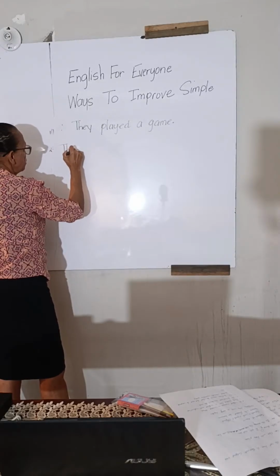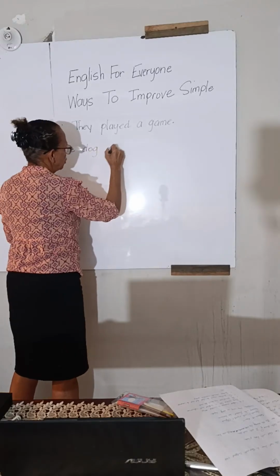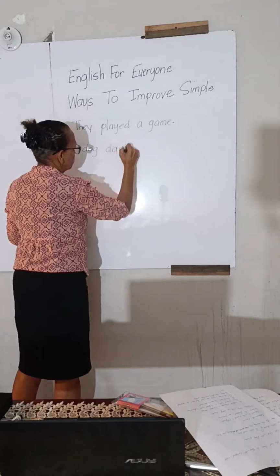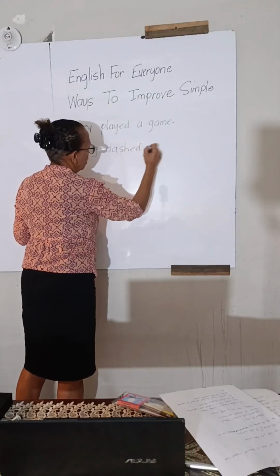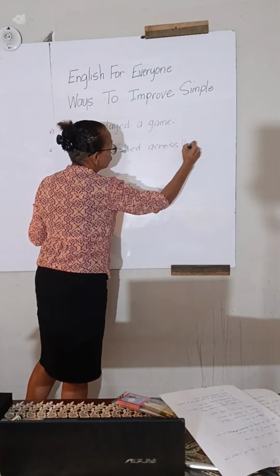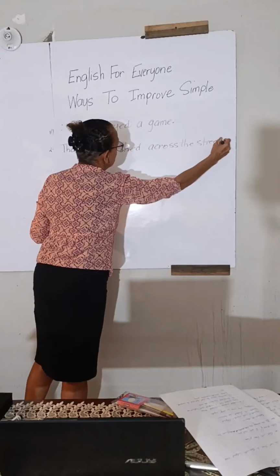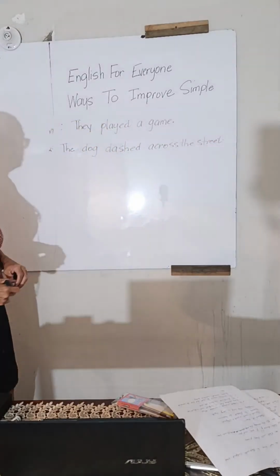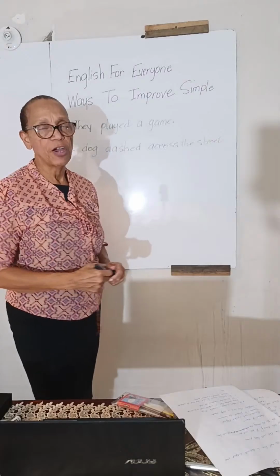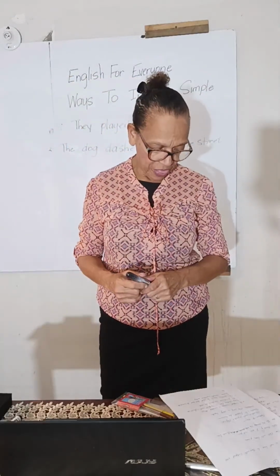The dog dashed across the street. And you notice that all of them, the subject, then you have the verb, then you have the object. How can we improve that one?